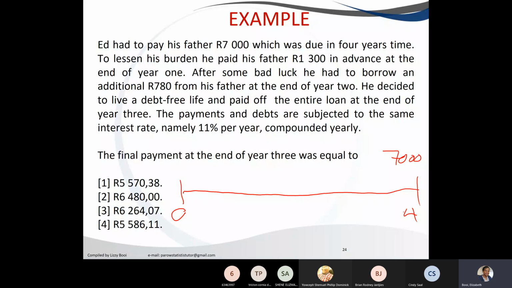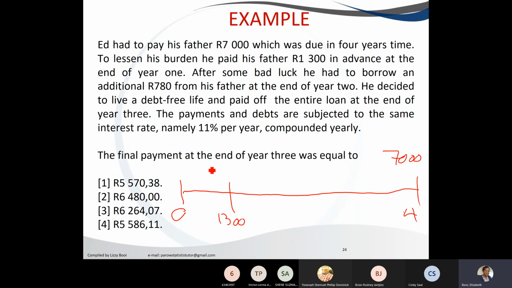So to lessen his burden, he paid his father 1,500 in advance at the end of year 1. So if this is year 1, he pays 1,500, and this is our present value or payment. And then after some bad luck, he went and borrowed an additional 750 at the end of year 2.